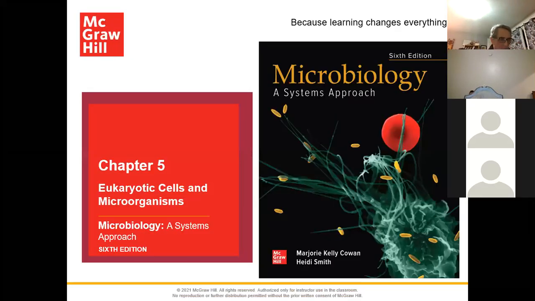Okay, so before I start with chapter 5, I just want to go over that next week is exam 1. Exam 1 covers chapters 1, 3, 4, and 5, and does not cover chapter 2. In the McGraw-Hill online learning assignments, there is a SmartBook and there is a quiz that you can take.